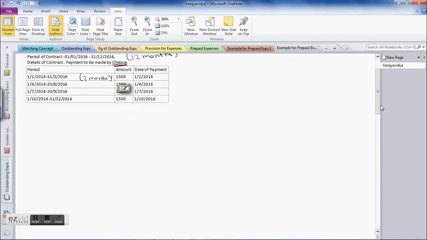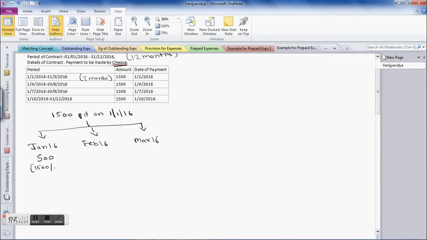Now let's make a table of payment. Now first 1500 paid on 1/1/2016. This is for 3 months. For the month of Jan 16, Feb 16, March 16. How much is the amount? 1500. 1500 for 3 months. The per month amount will be 500. That is 1500 divided by 3.